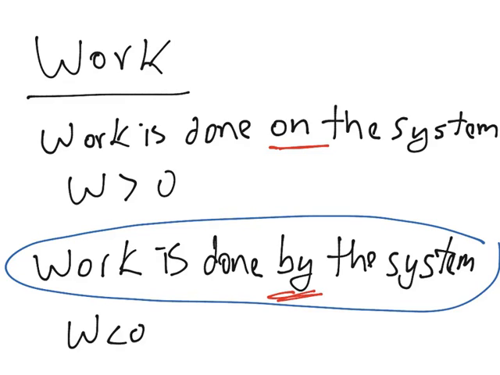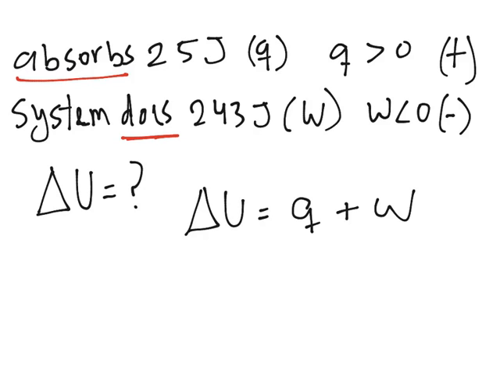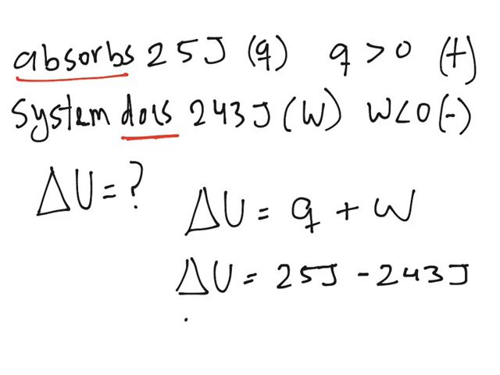So we say that our work value is negative, or just a minus here. And now we just have to write our equation. So delta U is equal to Q plus W, and we put our values. So the heat is positive, so you just write 25 joules, but the work is negative, so it's going to be minus 243 joules. And our change in internal energy will be minus 218 joules.